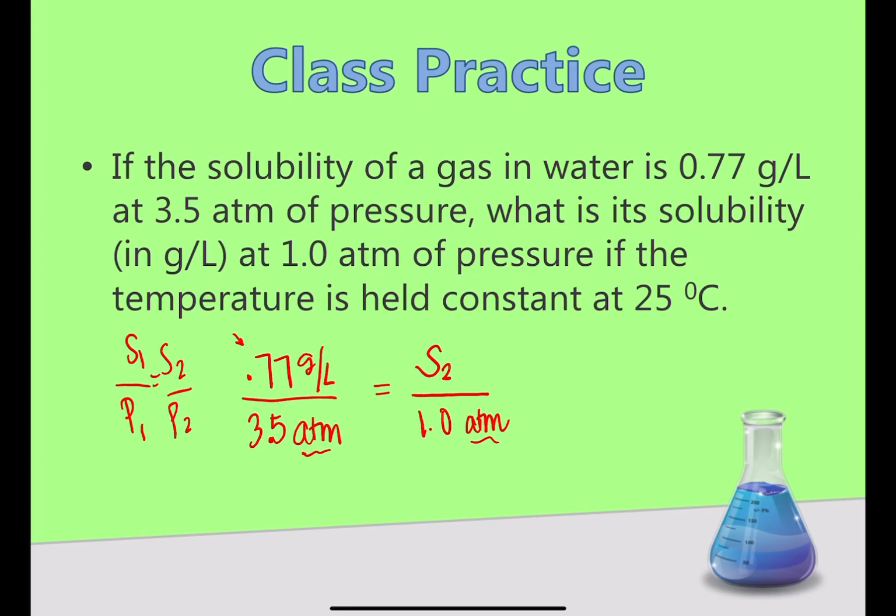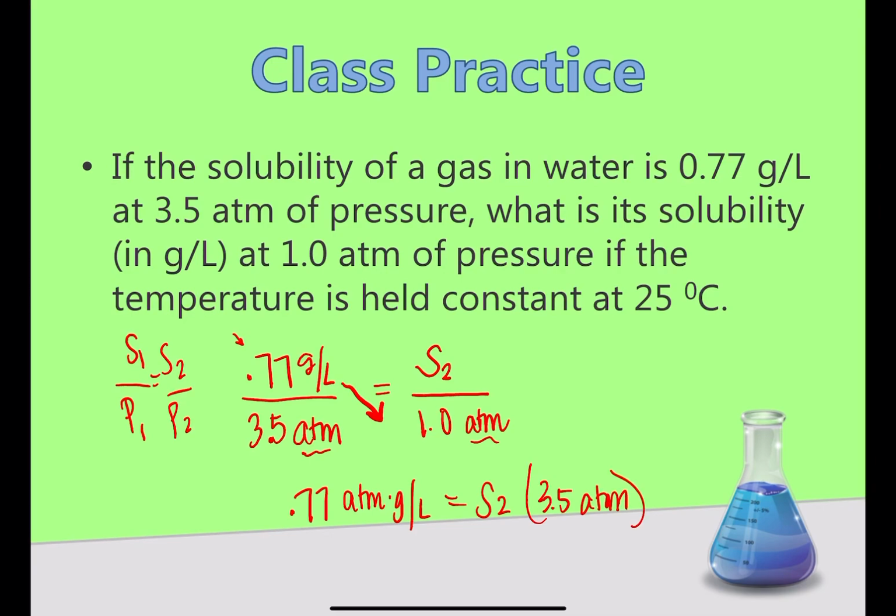It should be less than 0.77 because when our pressure decreases, the solubility decreases. So if we do this here, 0.77 times 1, I'm going to cross multiply, and then I'll divide by 3.5. So 0.77 atm grams per liter equals S2 times 3.5 atm. I think y'all know how to do that mathematically.